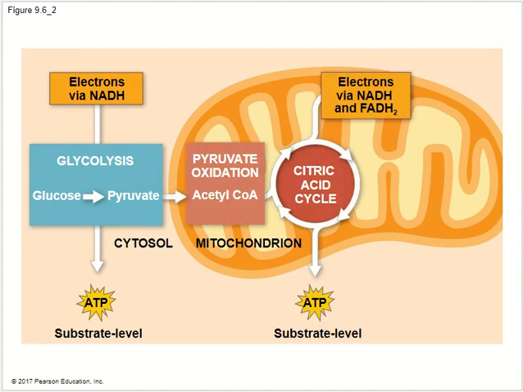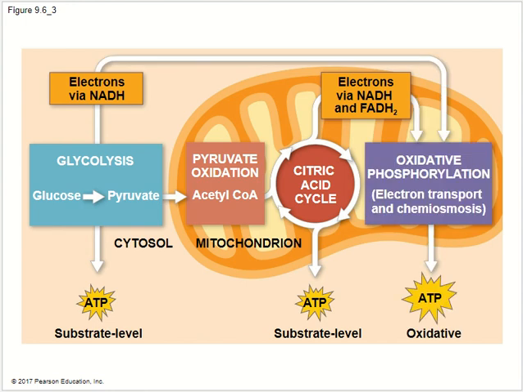As this enters from the cytoplasm into the mitochondria, the pyruvate can be oxidized into acetyl coenzyme A. And through the citric acid cycle, plenty of coenzymes are produced, such as the reduced form NADH and the reduced form FADH2, which again produces a little bit of ATP.